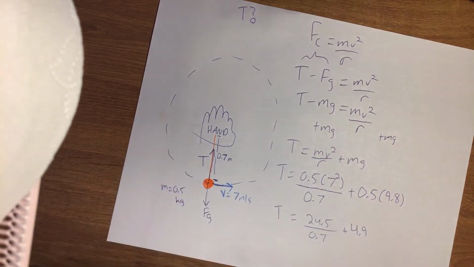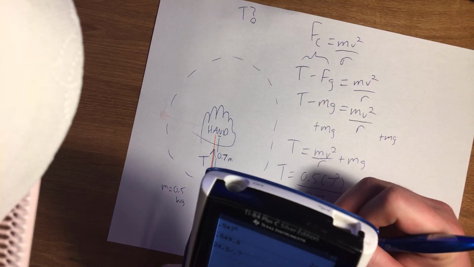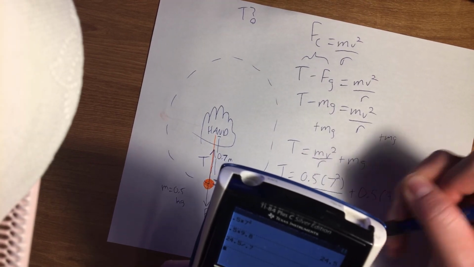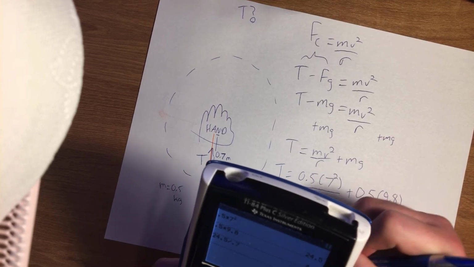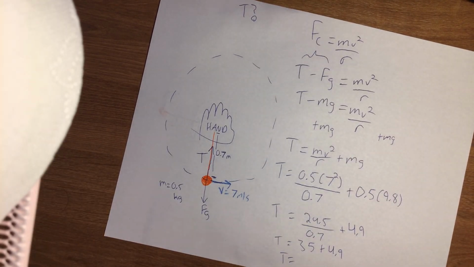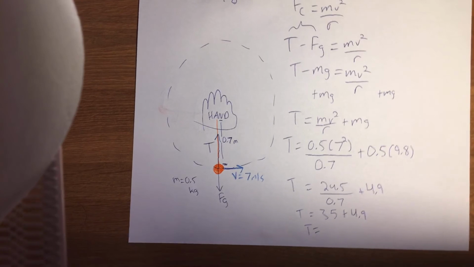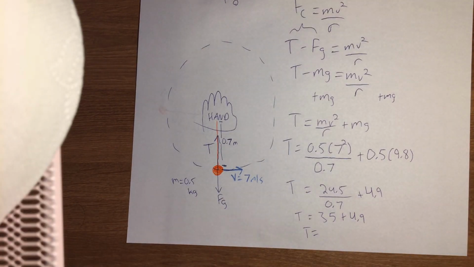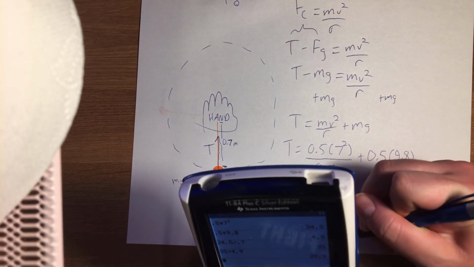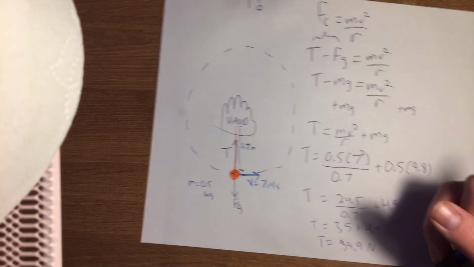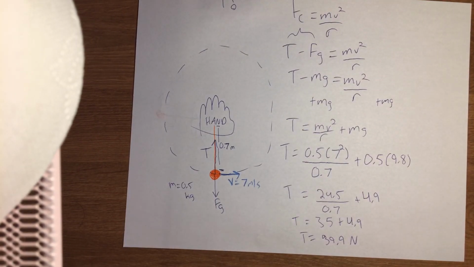If I do this division here, 24.5 divided by 0.7, that is 35, plus the 4.9. Add them together, I find that the tension in this string is 39.9 newtons.